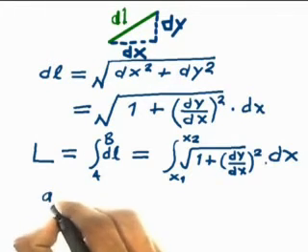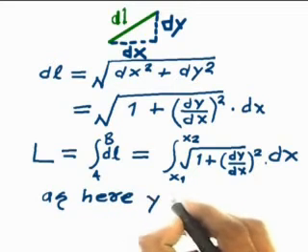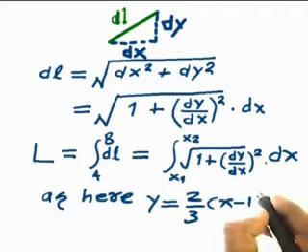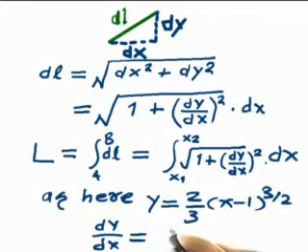Now, as here we have been given an equation y equal to 2 by 3 (x minus 1) to the power 3 by 2, by differentiating it, we get dy by dx equal to under root of (x minus 1).